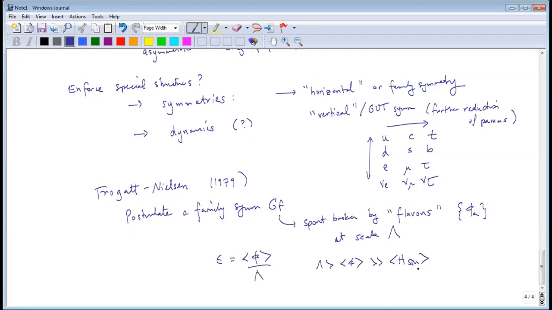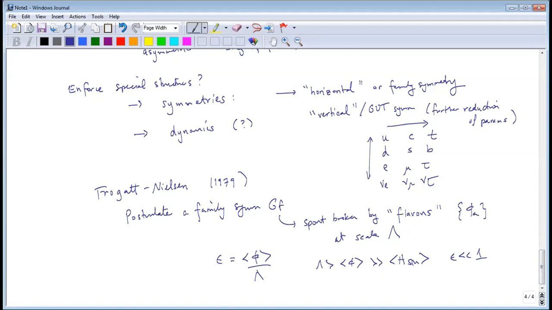In other words, our epsilon parameter generally is quite small. So the idea again is that small numbers, here the fermion mass ratios and the fermion mixing angles of the quark sector, are given by ratios of mass scales.